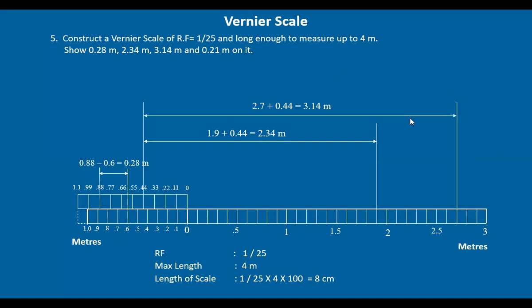This is 3.14. 0.21. Here it is. It's interesting again. 0.21 is taken as 0.11 plus 0.1. Okay. So at 0.11, we draw a line here, and 0.1 plus, that means on the right side. So 0.1 here. So join these two, you get 0.21 meters.